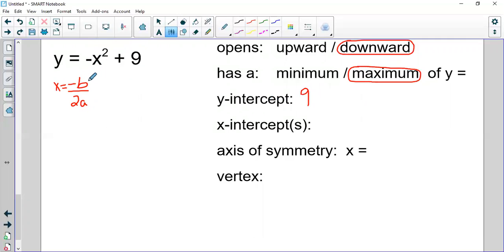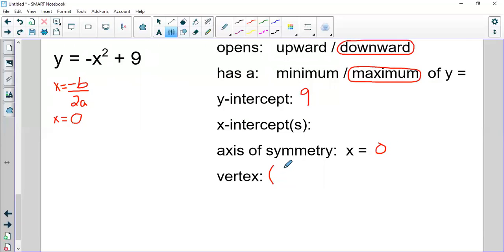That means that B is 0. So negative, well, there's no such thing as negative 0, so it's just 0 over anything means that my x, for my axis of symmetry, my x is going to be 0.